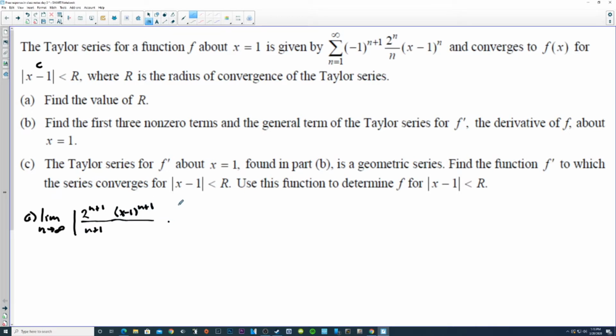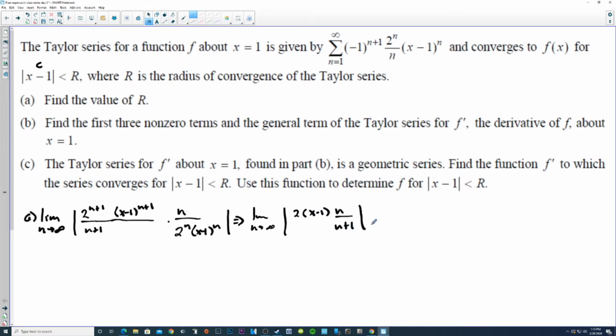Then we're going to multiply by n over 2 to the n and x minus 1 to the n. That leads us to the limit as n approaches infinity of the absolute value of, there's an extra 2 on top, and then we have an extra x minus 1, and then n over n plus 1.